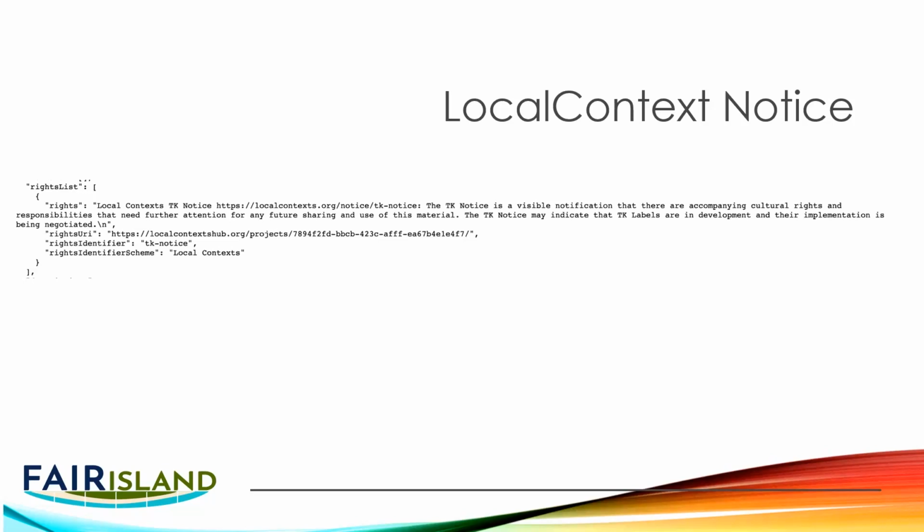Here I'm showing an example of the metadata for a Local Contexts notice that can be included in the project. The other thing I want to mention is that we are trying to use the project metadata to do as many steps for the researcher as possible, so they wouldn't have to enter metadata over and over again. They don't have to do this again for a notice; we would use our same information.